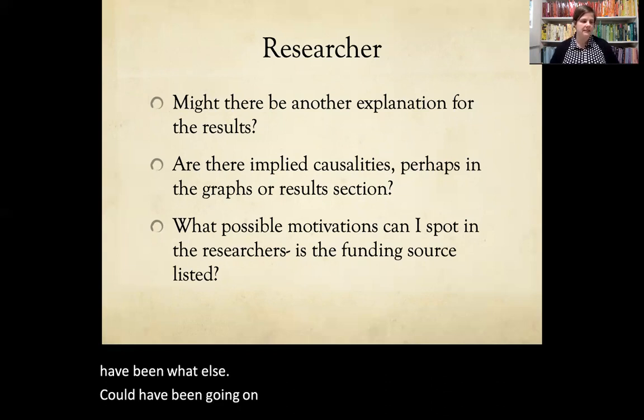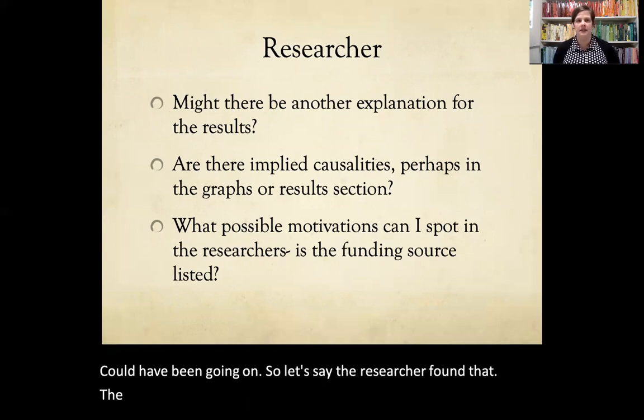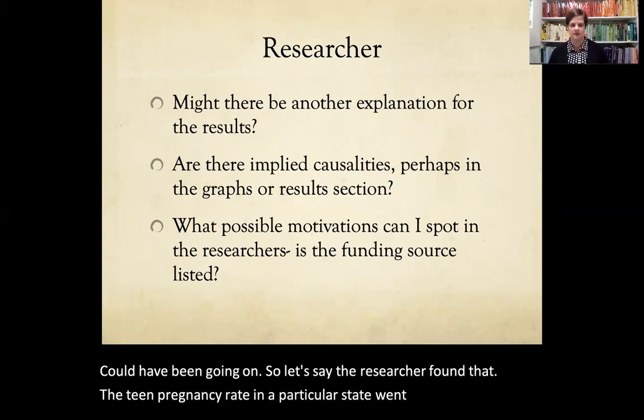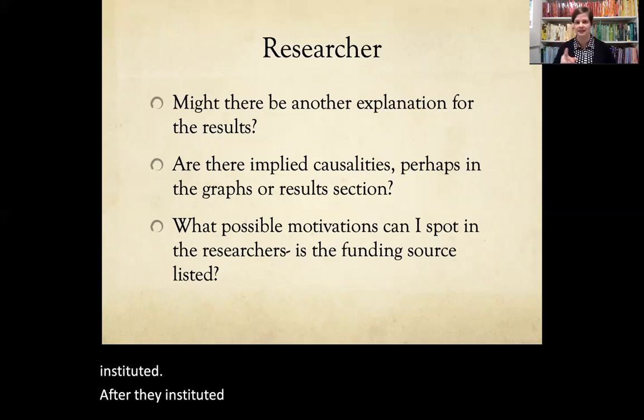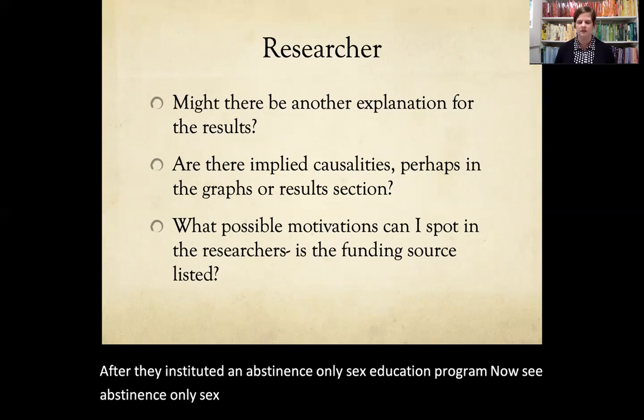So let's say the researcher found that the teen pregnancy rate in a particular state went down after they instituted an abstinence-only sex education program. And they're like, see, abstinence-only sex education works.